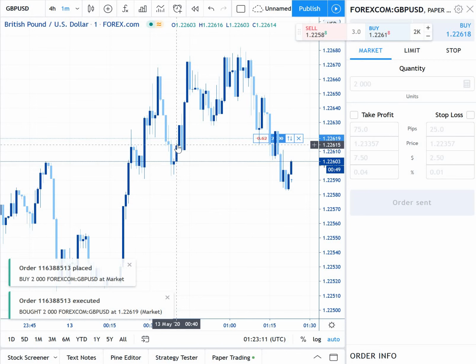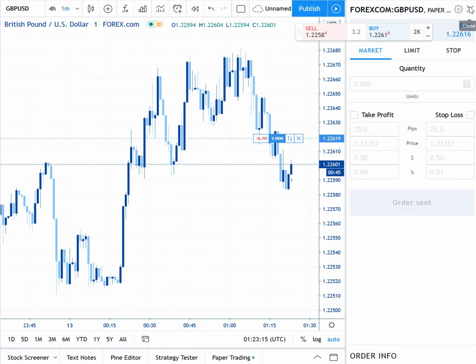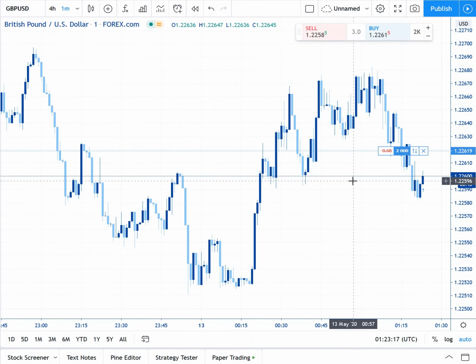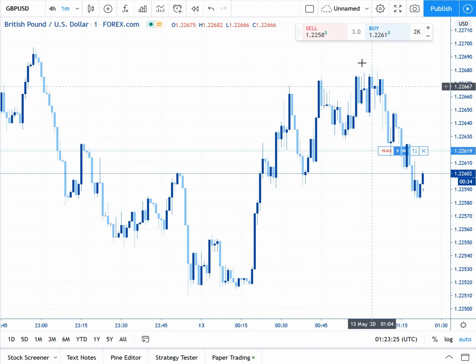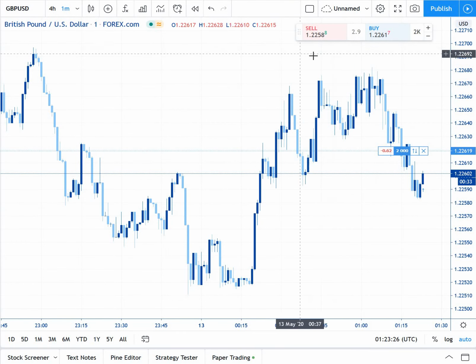I bought at market. That's not the best way to do it, but this is a demo account. Yeah, that's my excuse. So we want it to go up there, where we will revert. We'll be exiting that trade and selling it.